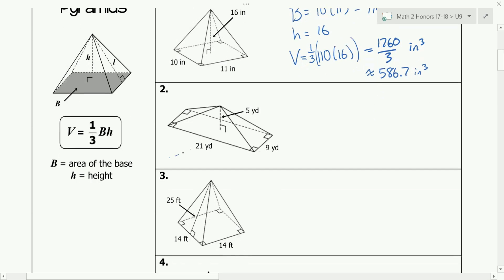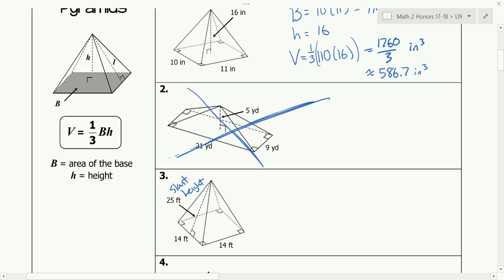We're going to skip 2 and take a look at 3. They give you a square base, 14 by 14. And what's the height? Not 25, right? Actually, 25 is what we call the slant height, but it's not the height that we plug into our formula.